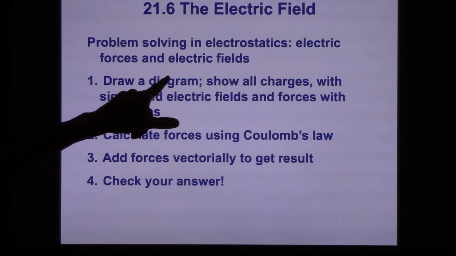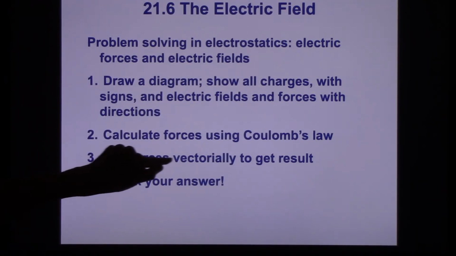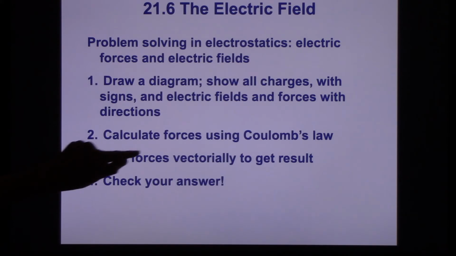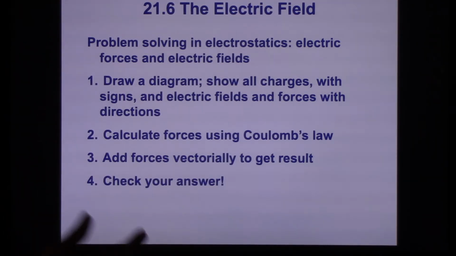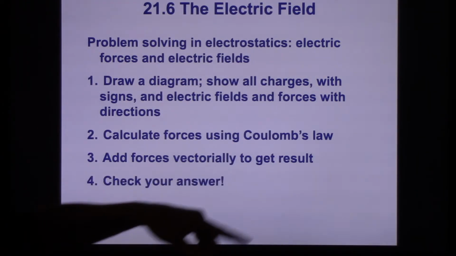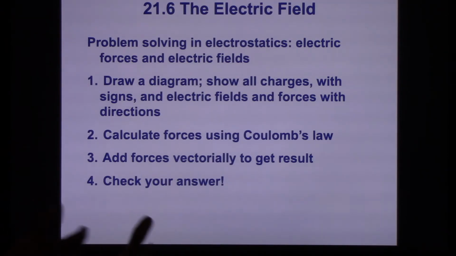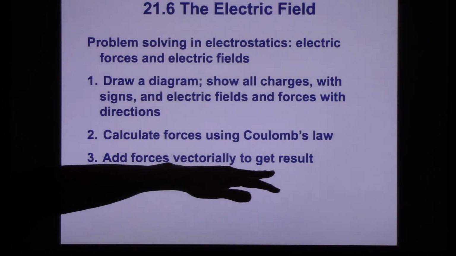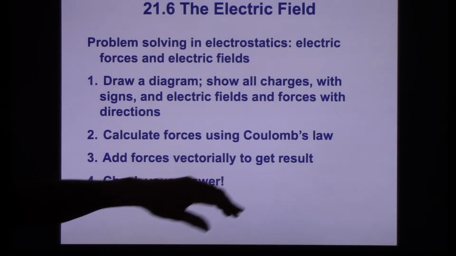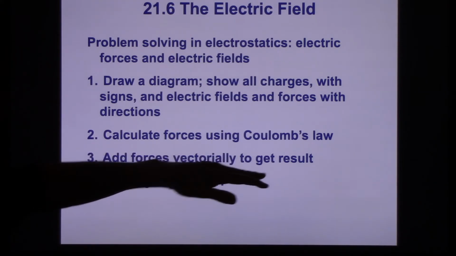Go back to the diagram now and see what directions those forces are in and add them as vectors. Carry out vector addition to get your results. Combine the net x effect and the net y effect to get the overall net force or field, and the angle and the direction.